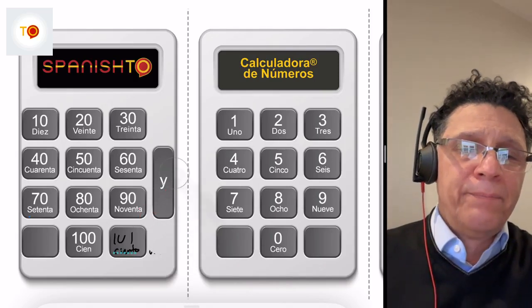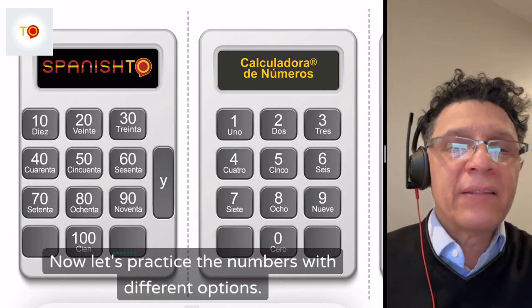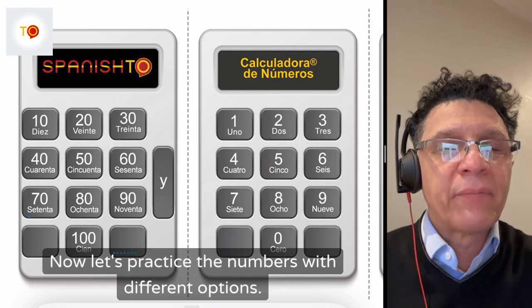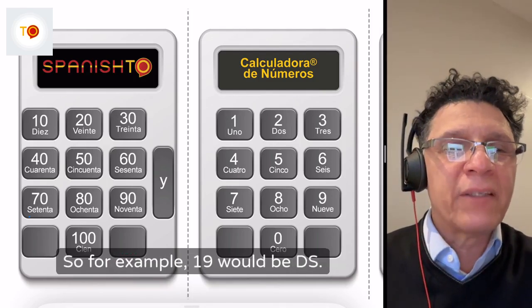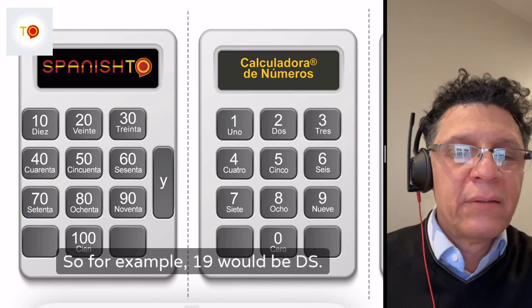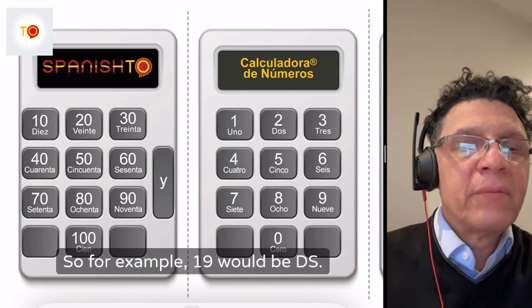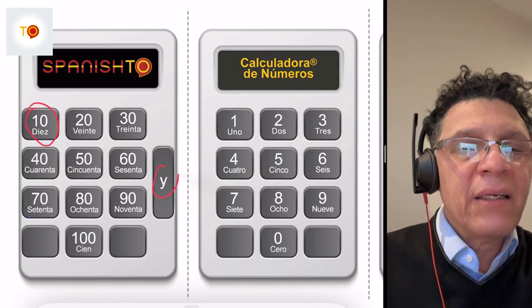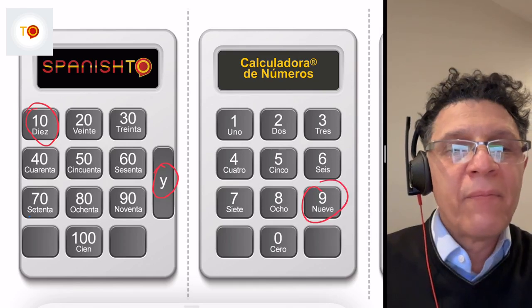Okay. Now let's practice the numbers with different options. So for example, 19 would be 10 y 9.